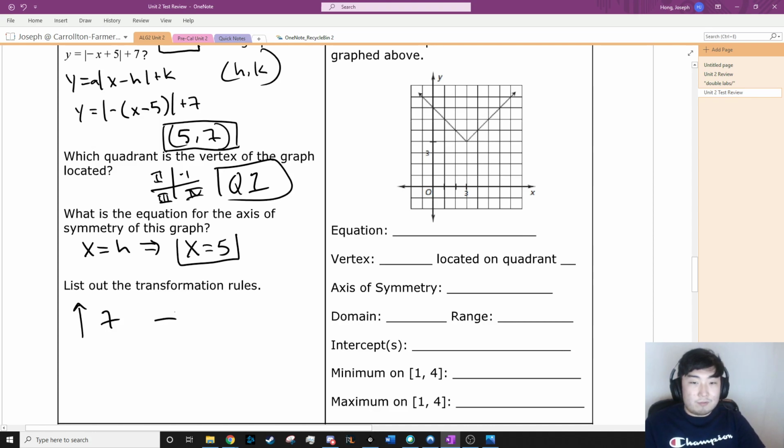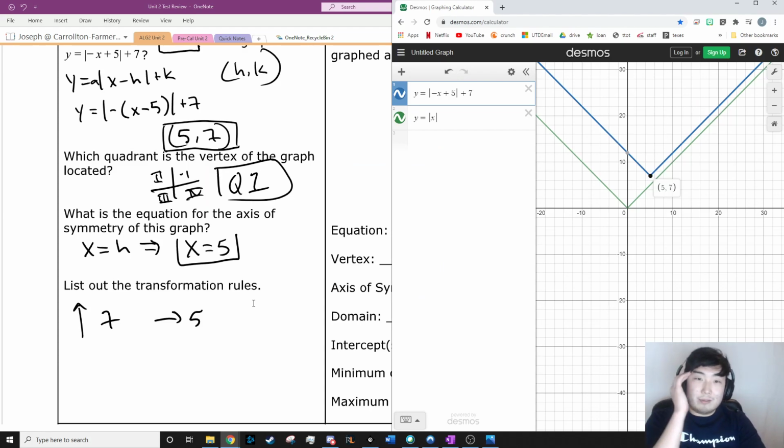It went to the right 5 units. That's at least what I know. How am I supposed to go diagonal? I can't go diagonal. I have to go up and to the right. So I have to go up 7 units and right 5 units. Hence the rise over run way to figure out coordinates.